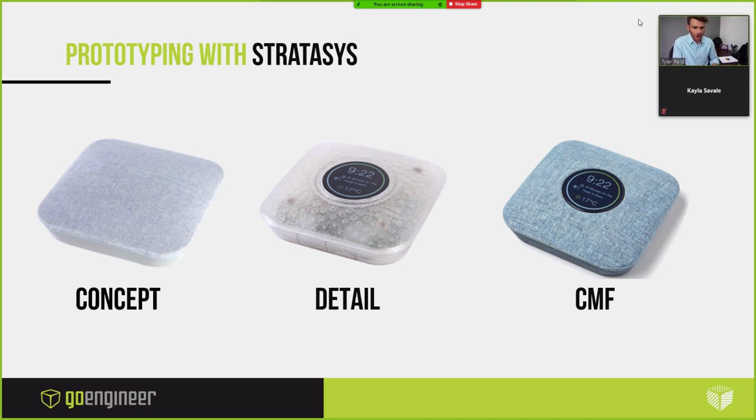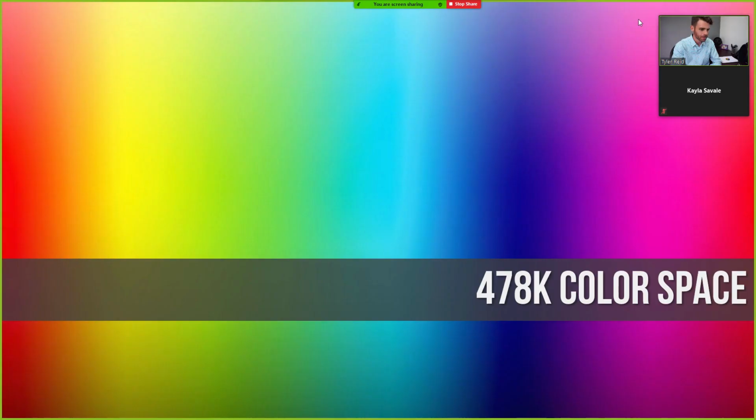And then you're also doing it on a final CMF model, color, material and finish, where you're trying to identify what's the color scheme that we're after. What's the emotion that we're trying to go for? That's an important part of selling the product. Engineers don't always understand this, but I know that you designers do. You're communicating through your product, and you're doing that through the color scheme.